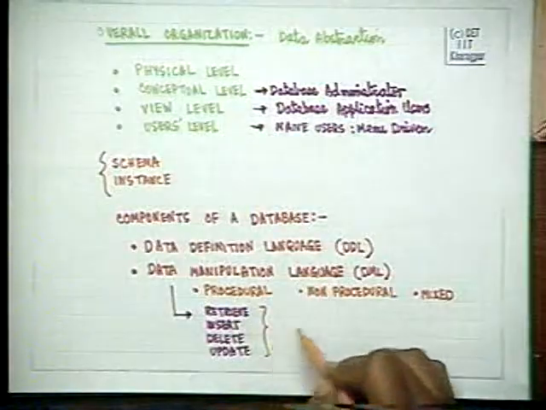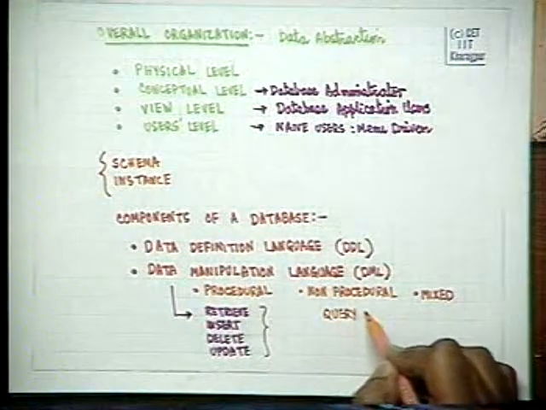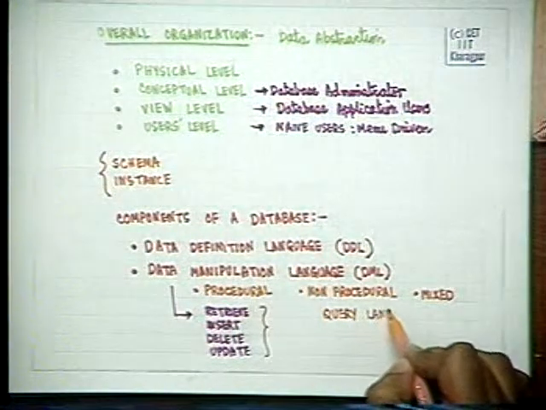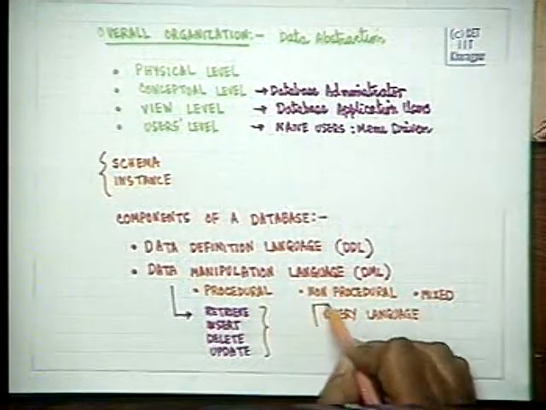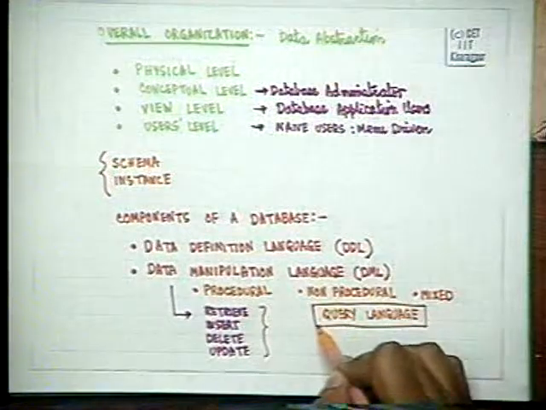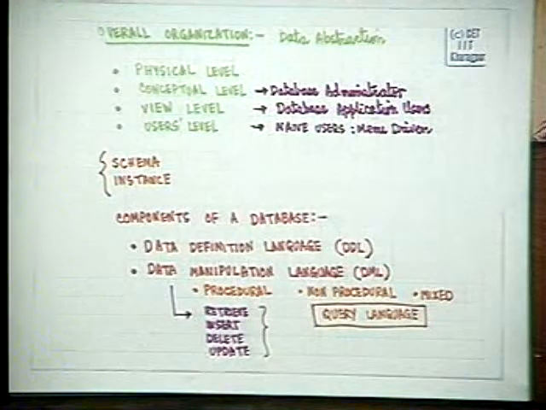Now, sometimes a portion of this data manipulation language is also called a query language. A query language is a portion of the data manipulation language which really accesses and retrieves various kinds of information.